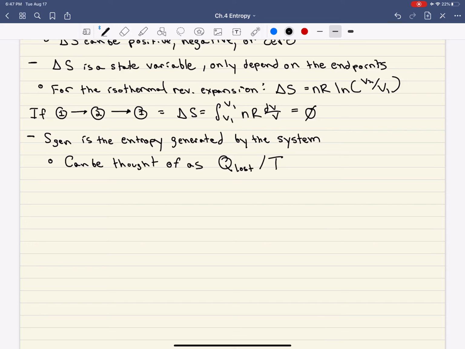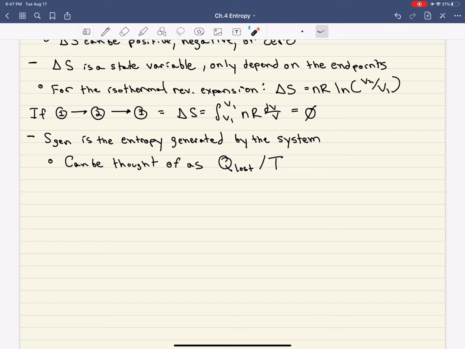If we put heat into the system to create work, in an irreversible process, not all of that heat gets converted into work. Some of it is lost, and our S-gen is essentially that lost heat divided by whatever the temperature of the system is.